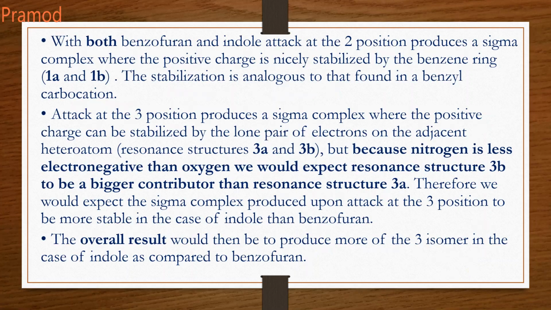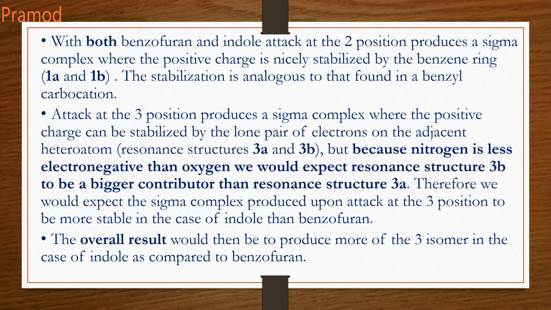So now let us see the reaction. With both benzofuran and indole, attack at C2 gives a sigma complex where the positive charge is nicely stabilized by the benzene ring. The stabilization is found in the benzylic carbocation.